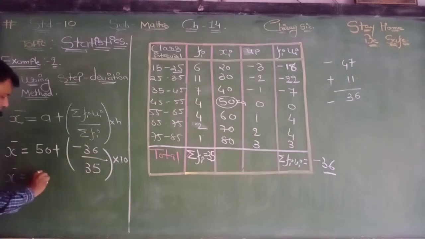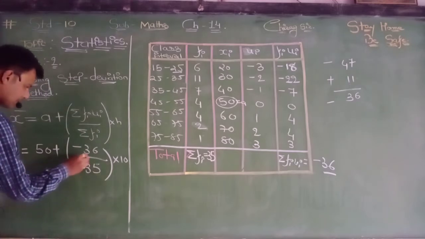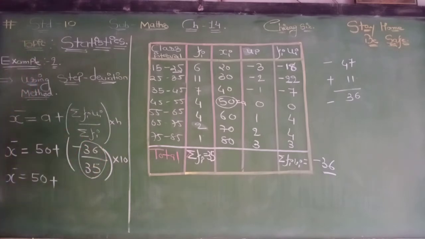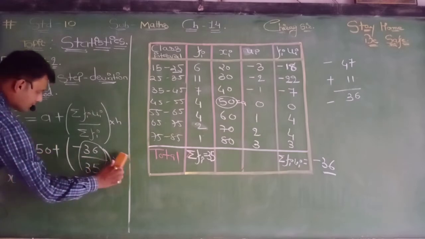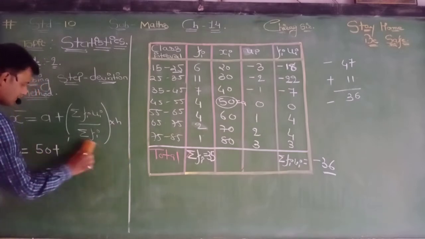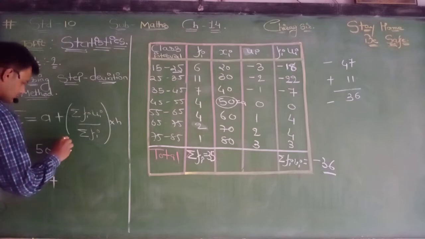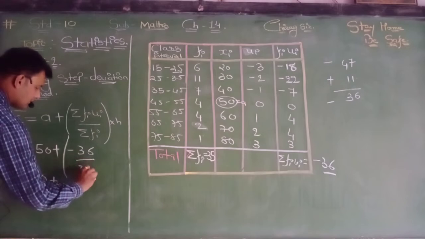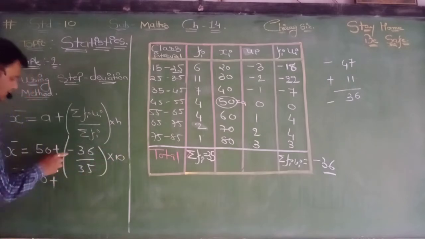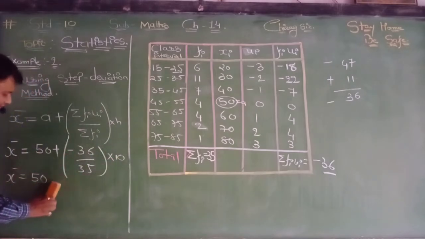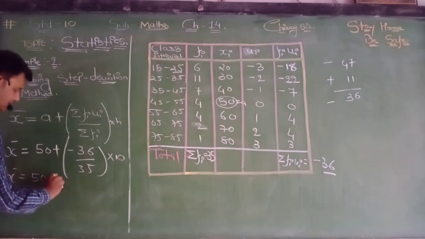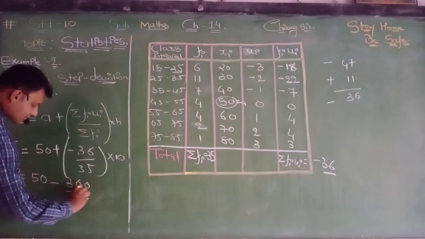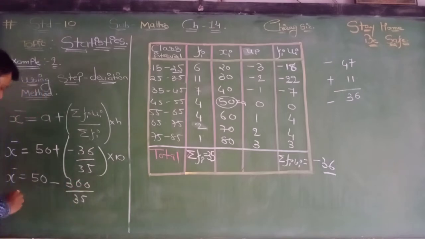It means 50 plus minus 36 into 10, which is minus 360, divided by 35.